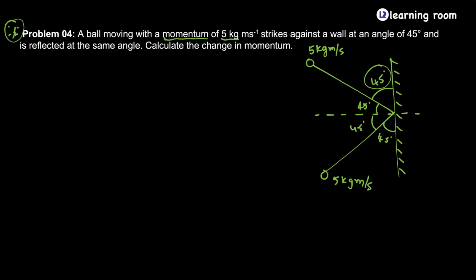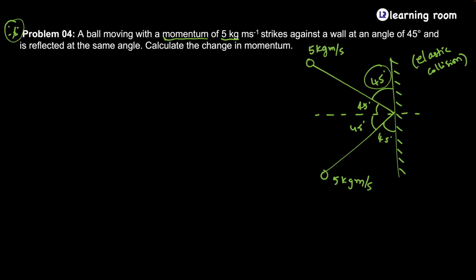I mean, the value of the momentum to change from 5 to something else. I'm taking the same thing. And this type of a collision is called as elastic collision. Okay, about which we'll discuss in detail in the next chapter. So this is called as elastic collision or perfectly elastic collision. Is that clear?